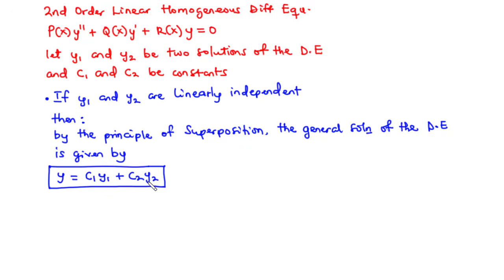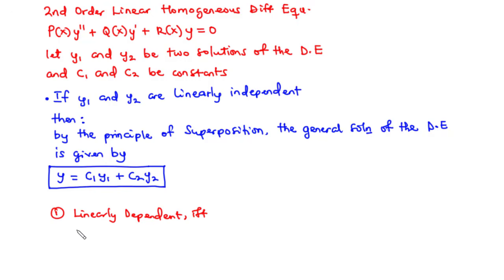Now, before we even get into what this is all about, let's try to understand linear dependence and linear independence. Two functions are said to be linearly dependent if and only if one function is a constant multiple of the other.